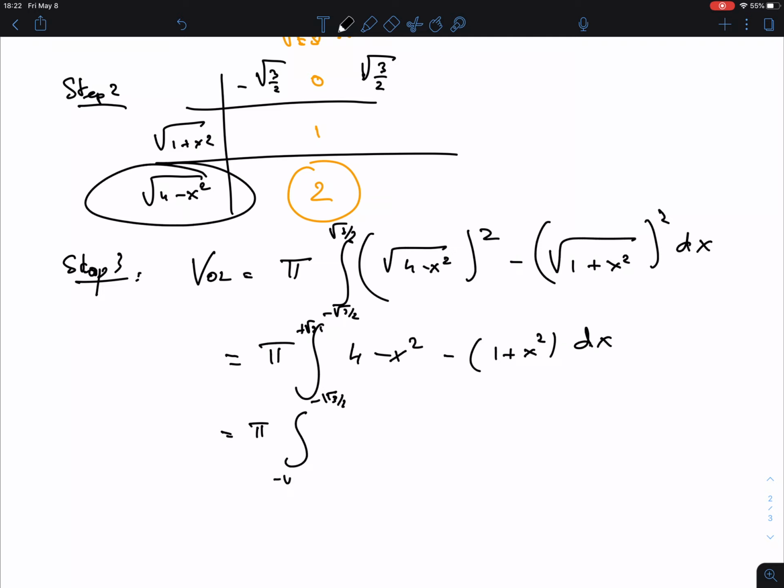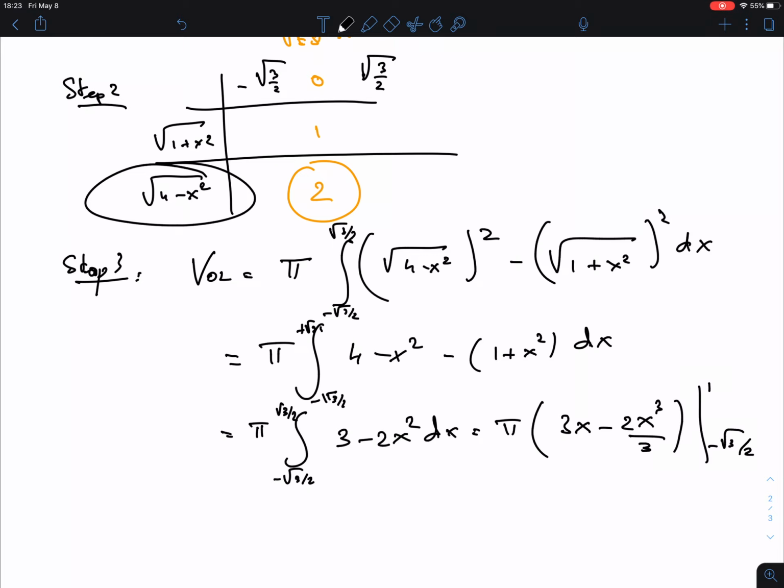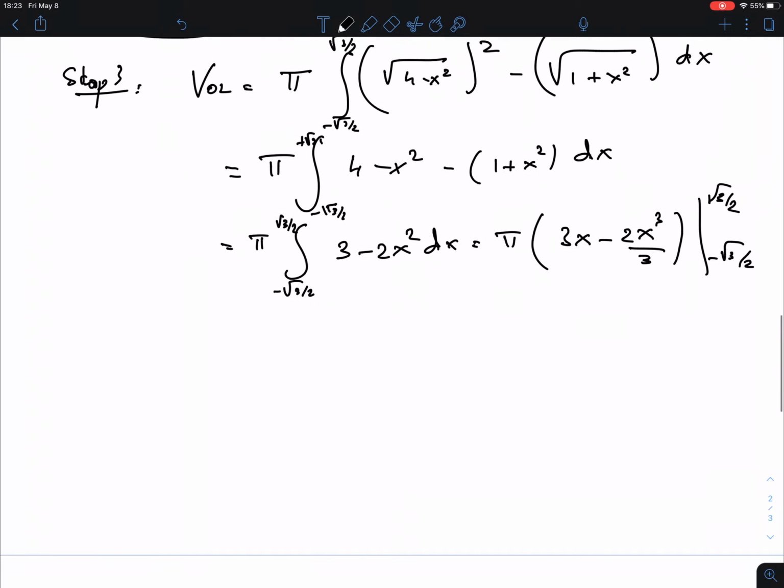It gets a little bit nasty here, right? Okay, and so we have 3 minus 2x squared dx, so that is pi times 3x minus 2x cubed divided by 3 between minus radical 3 over 2 and positive radical 3 over 2, and then we just have to plug it in.